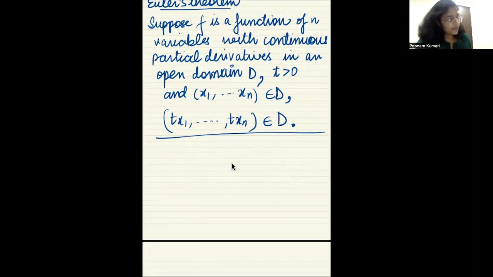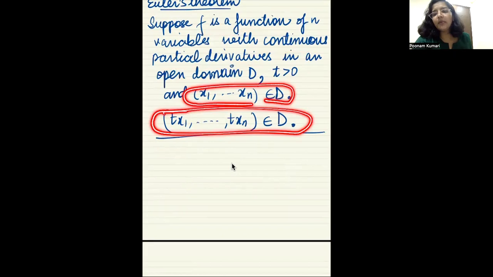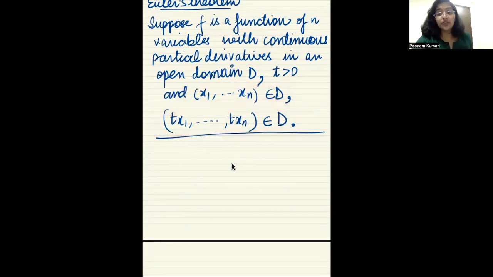Okay, so ये statement देने के बाद अब हमने क्या बोला है कि I have a function which has continuous partial derivatives in an open domain such that अगर ये मेंबर मेरे डोमेन में है तो ये वाला मेंबर भी मेरे डोमेन में होना चाहिए, मेरी डोमेन ऐसी होनी चाहिए.